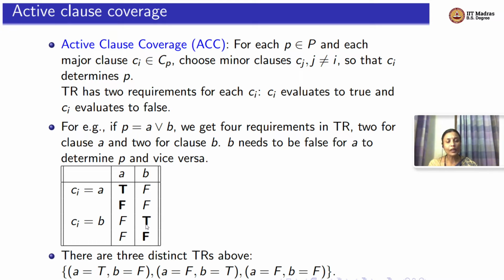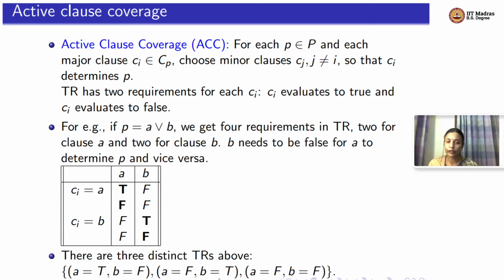So in terms of the number of distinct test requirements, A is true, B is false, that's the first row. Second row is A is false, B is false. Fourth row is also A is false, B is false. That's given towards the end here. And the third row, A is false, B is true, is the other test requirement.